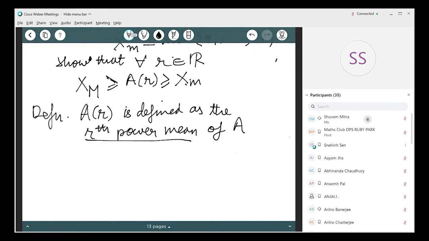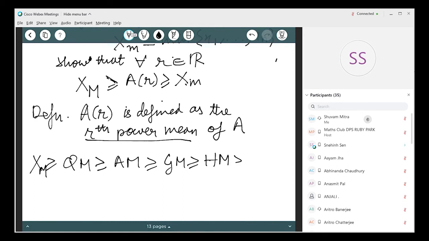We know that X capital M is greater than or equal to QM, which is greater than or equal to AM, greater than or equal to GM, greater than or equal to HM, greater than or equal to X small m. You already know it.